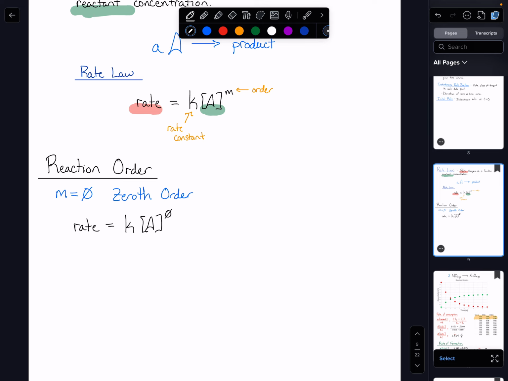How can we simplify this expression? What's the concentration of A to the power of 0? What's anything raised to the power of 0? 1. So that means this just becomes k times 1, or just k.